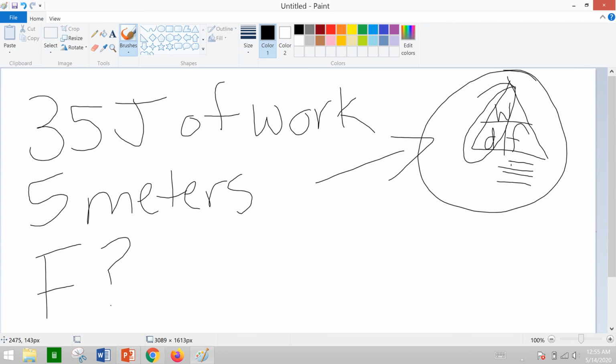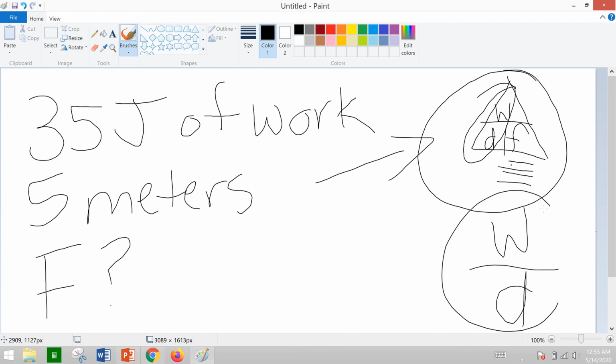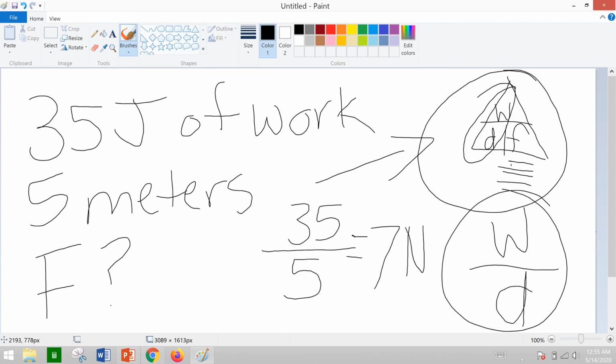The W is on top of the D, so it will translate to work over distance. Let's apply these variables to this formula. We have 35 joules of work over 5 meters of distance. 35 divided by 5 is 7, and that would be 7 newtons because we're dealing with force.